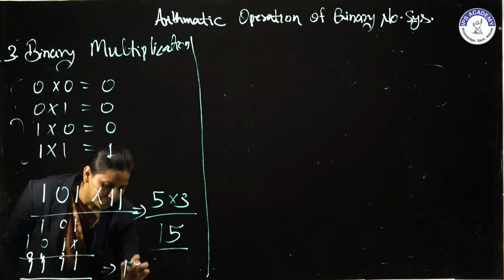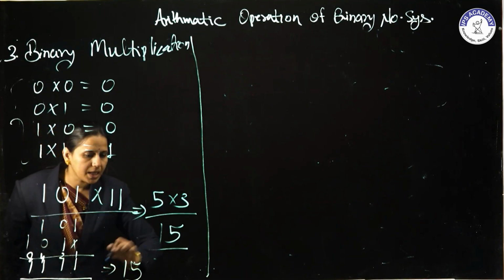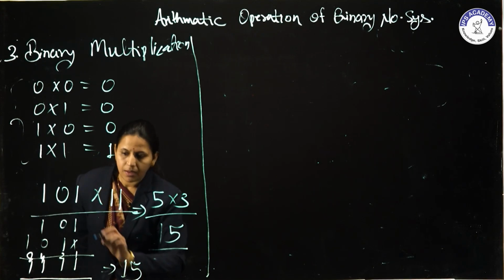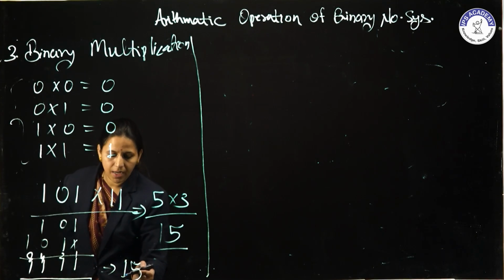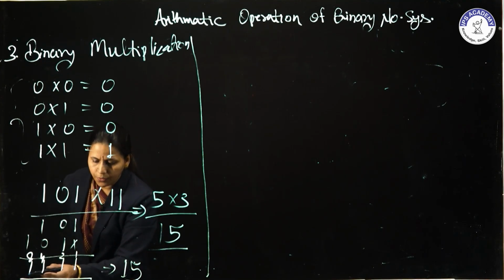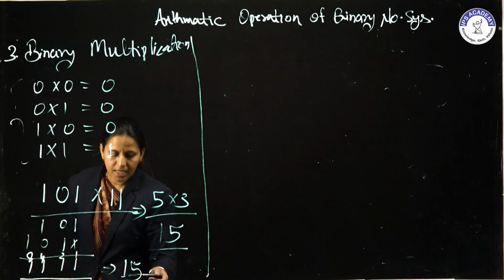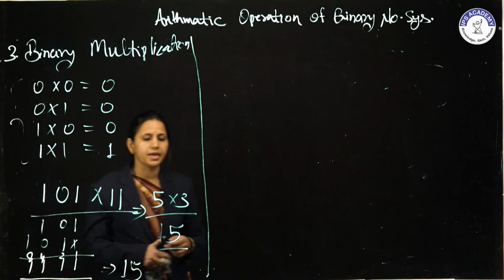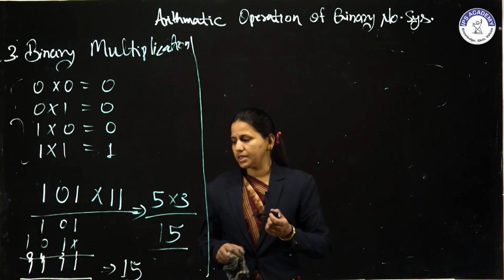That means the binary multiplication process is correct. 101 into 11 will be 15, and four 1s indicate the representation of 15 in the binary number system.